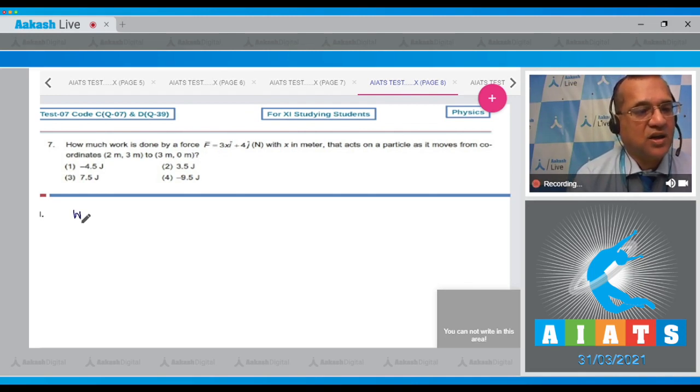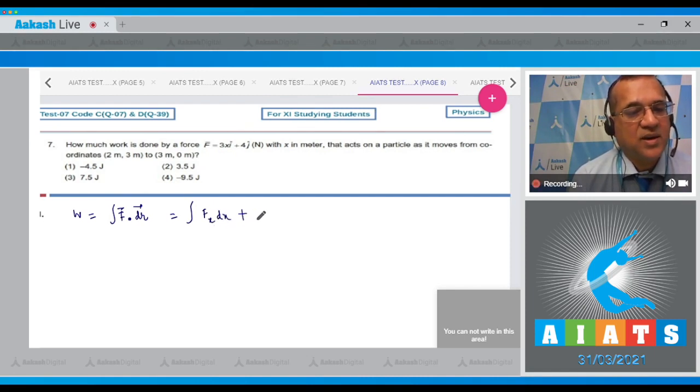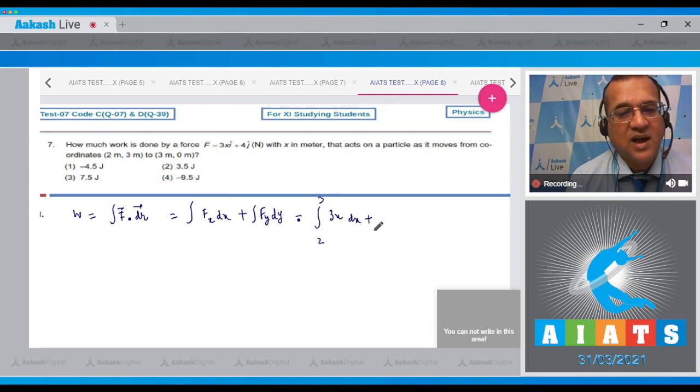Therefore, the work done you will calculate by the method of integration, and this would be like integral of fx dx plus fy into dy. Now we'll dig out fx and fy. Now fx is 3x in the given question and x goes from 2 to 3 dx, and now fy is 4, which is constant, into dy, and y starts from 3 to 0.